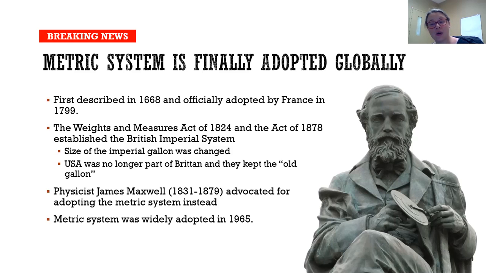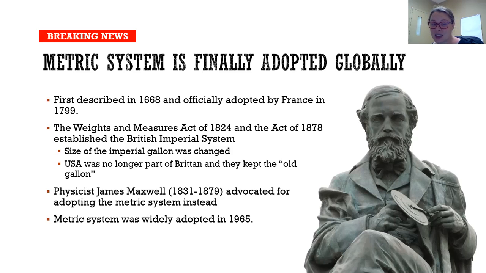Now, prior to that time, the US had split from Britain, and the US was no longer part of Britain, which means, good old stubborn Americans, if there's any of you listening to this, I apologize, but they weren't going to accept the British definitions of these new imperial units.